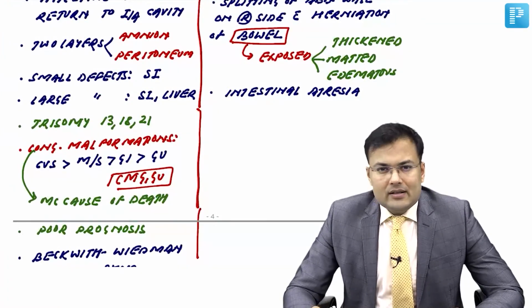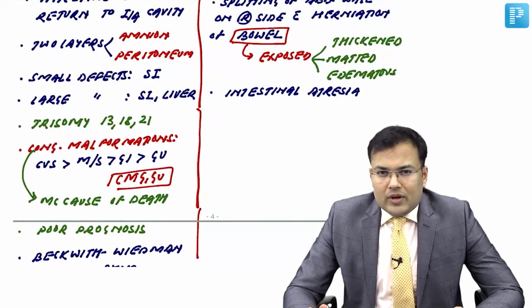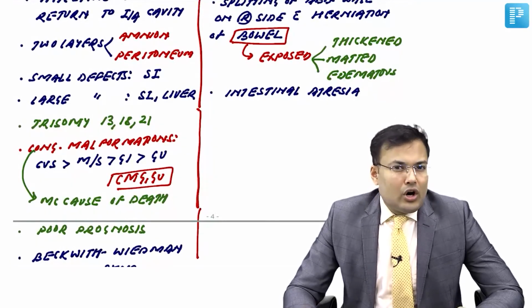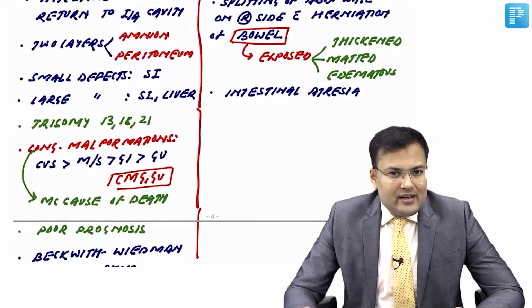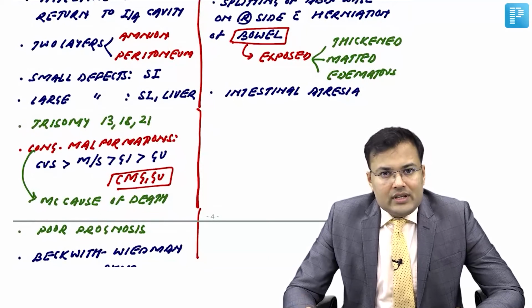So what are the risk factors? If the mother has a history of intake of alcohol, smoking, or intake of aspirin, brufen or pseudoephedrine, all these are going to increase the risk. Second, if the age of the mother is less than 20 years, it also increases the risk.